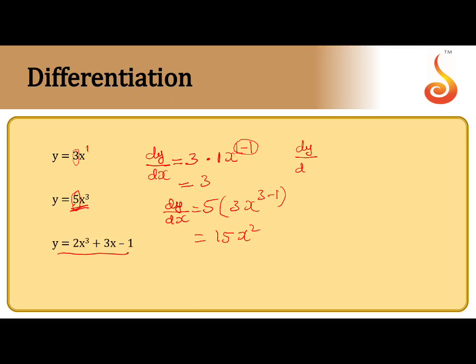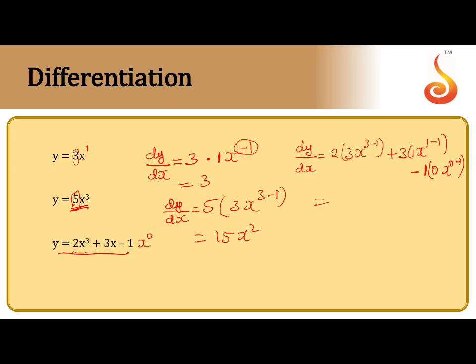dy by dx is equal to, first differentiate this, 2 into 3x power 3 minus 1, plus 3 times 1 x power 1 minus 1, minus 1 is there, differentiation of 1. 1 can be written as 1 into x power 0, 1 into 0 into x power 0 minus 1.